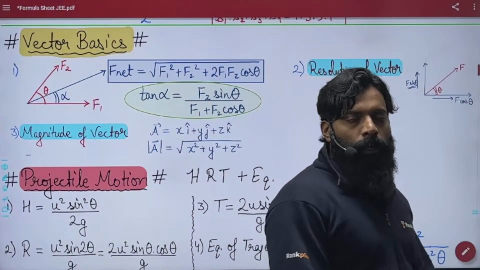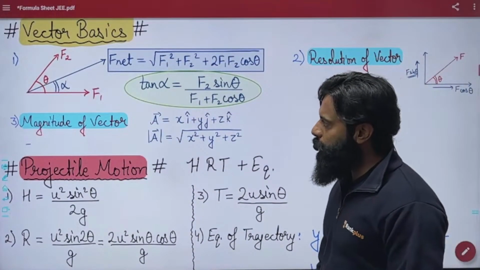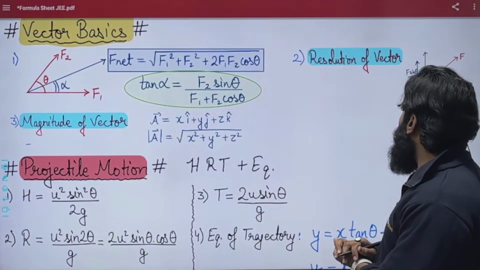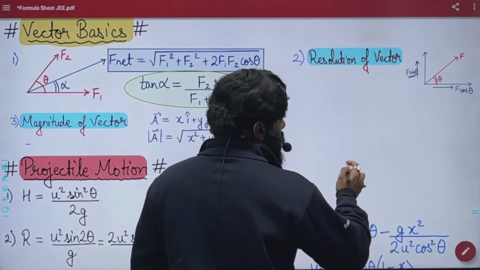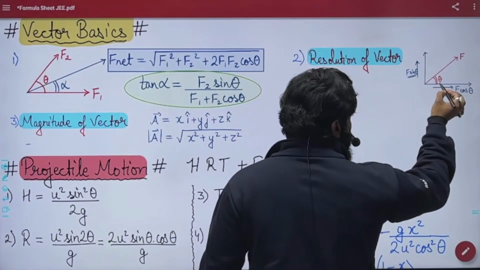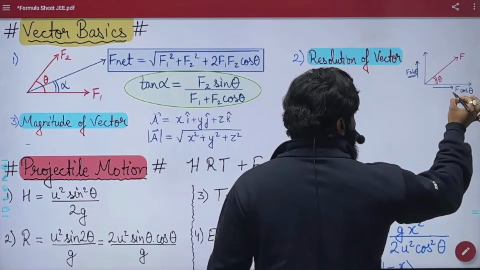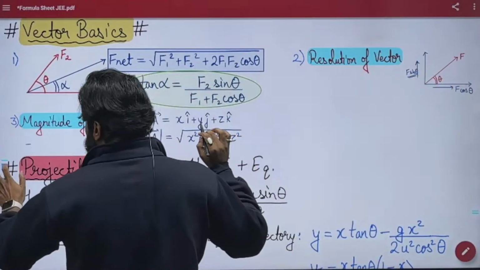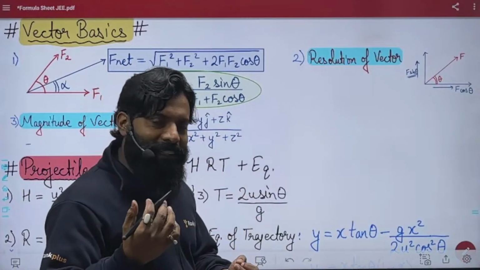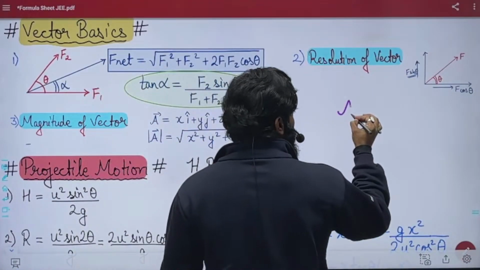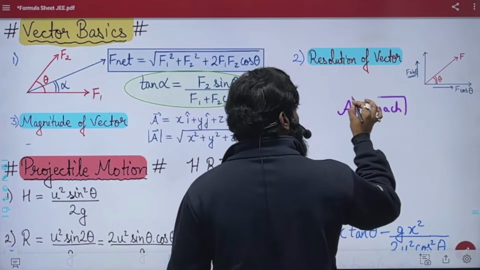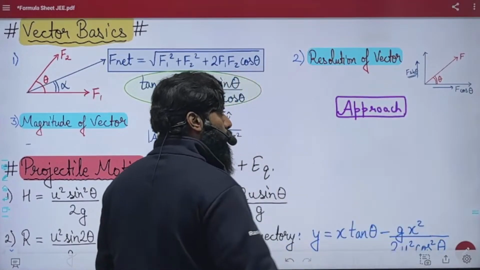This is vectors basics, which you must know. First of all, I would tell you how to resolve a vector. So if there is an F vector here, and the angle is theta, you can resolve it in two forms, F cos theta and F sin theta. And I generally say that there is an approach of solving numericals in physics.